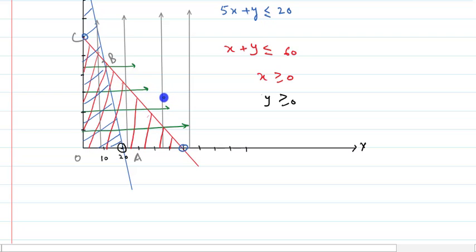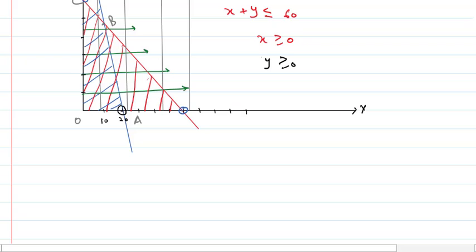infeasible solutions. Now let us use the corner point method to find out the points at which we need to find out the profit which will be the maximum. So here point O is clearly 0, 0. So there is no need to use this point because we are getting only 0 from this.